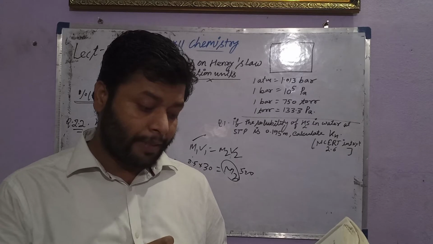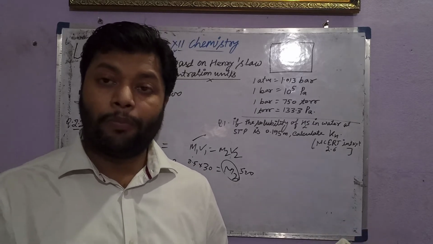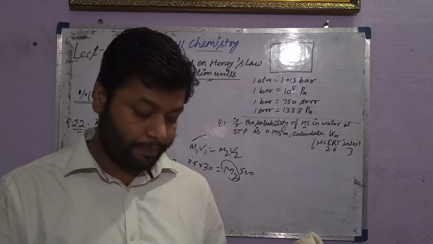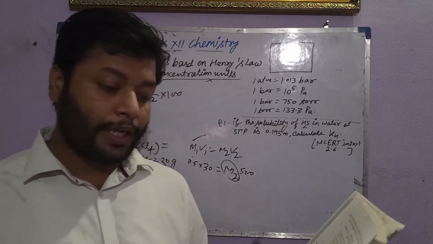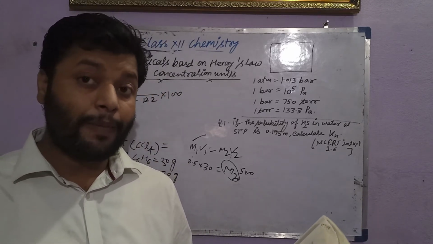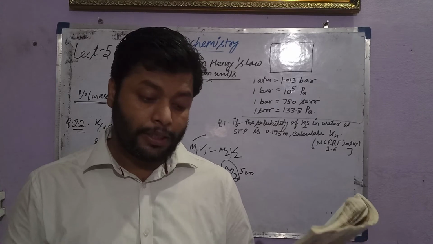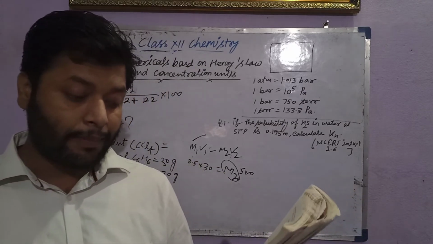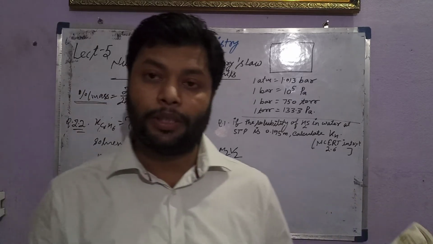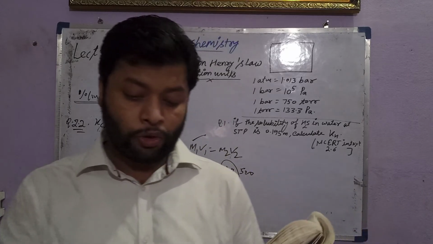The next question depends upon molality, small m. Calculate the mass of urea required, meaning you have to calculate the given mass of urea, in making 2.5 kg of 0.25 molal aqueous solution. Molality is given, 0.25.